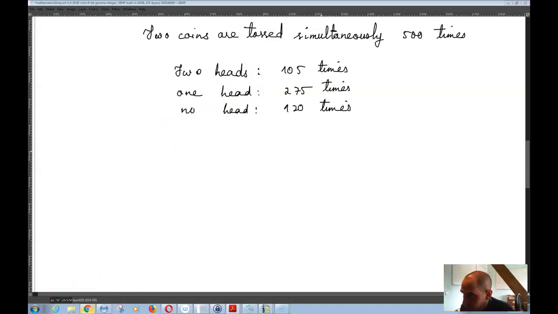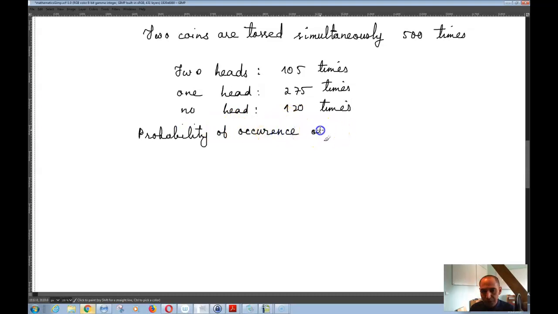So now what you want to do here is find the probability of occurrence of each of these events. Each of these would be an event.